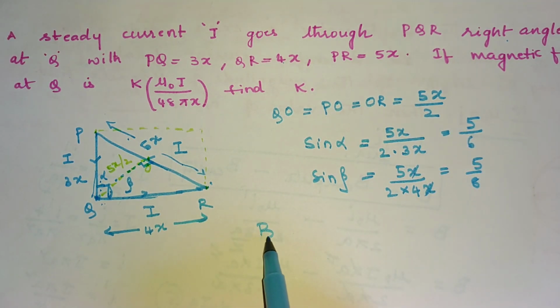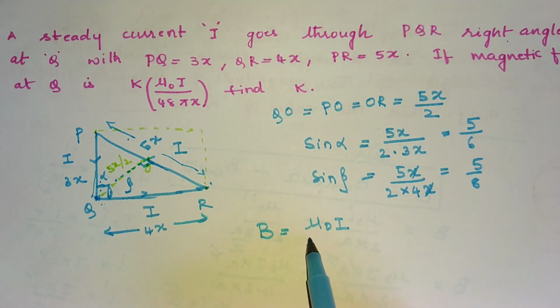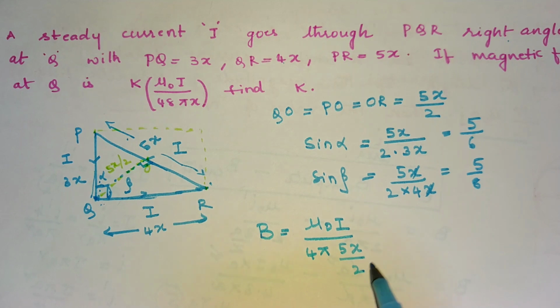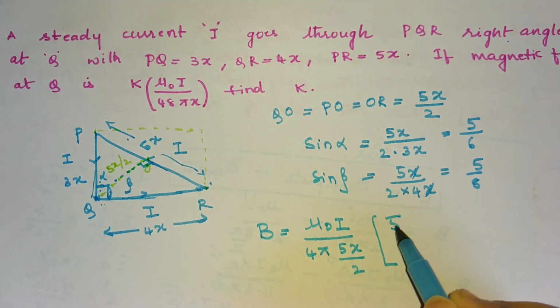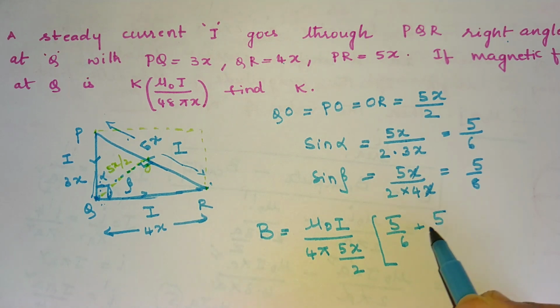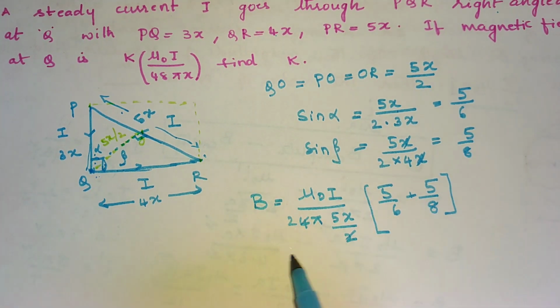And now we know magnetic field due to a finite segment is mu naught I by 4 pi into perpendicular distance. What is the perpendicular distance? 5x by 2 into sine alpha plus sine beta, that is 5 by 6 plus 5 by 8. Simplify this expression. 2 goes 2 times. Magnetic field comes out to be mu naught I by 5 into 2, that is 10 pi x.